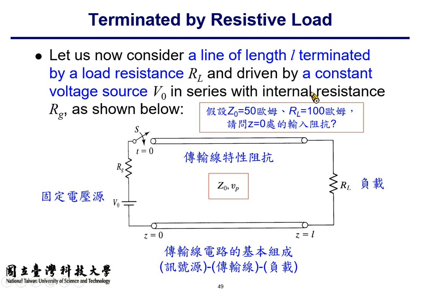In this case, the length of the transmission line is L. This is defined as z equal to 0, and this point is z equal to L.